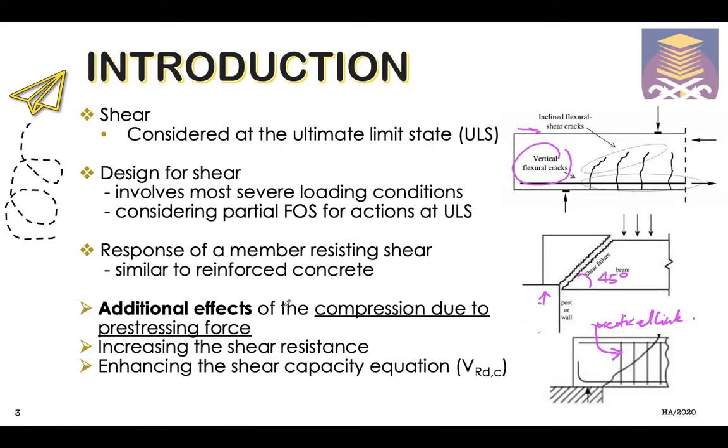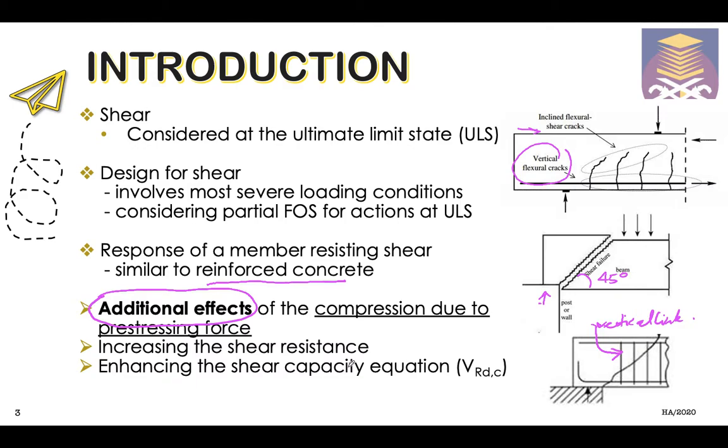So the additional effects of the compression due to the pre-stressing force will be considered in the design of pre-stressed concrete beam. We know that previously it has been stated that the shear behavior is similar to reinforced concrete, only that we are going to consider another factor, which is the additional effect. This additional effect will be due to the arrangement of our tendons in our pre-stressed concrete beam, and it will increase the shear resistance.